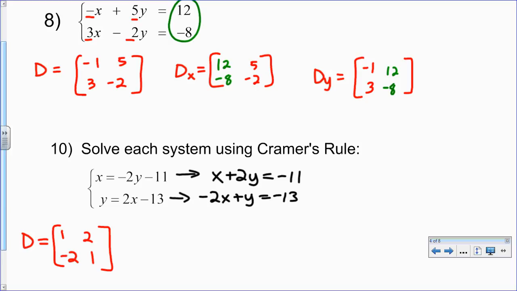Okay, and now let's do dx. If it's dx, you're replacing x. So y stays the same. And then what am I going to replace the x column with? Good. -11 and -13. Good? Okay. Now dy.